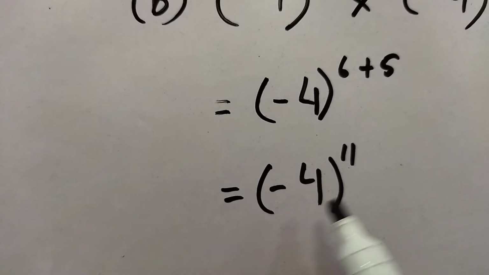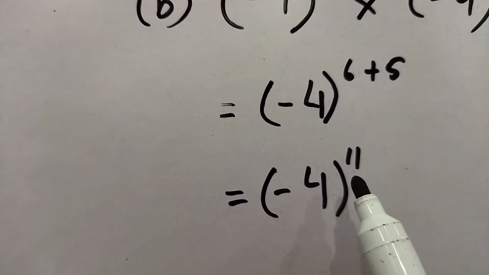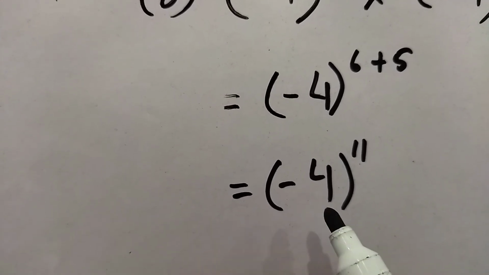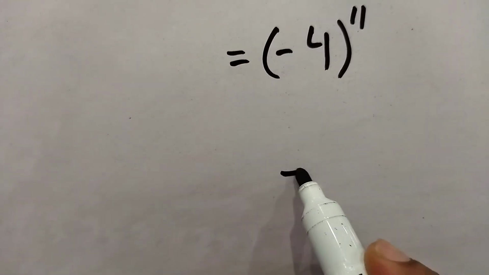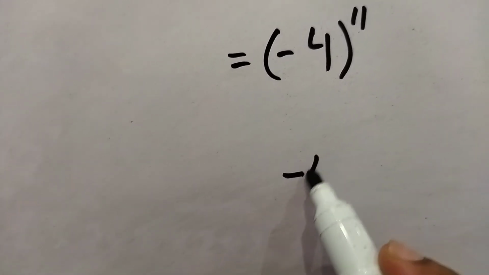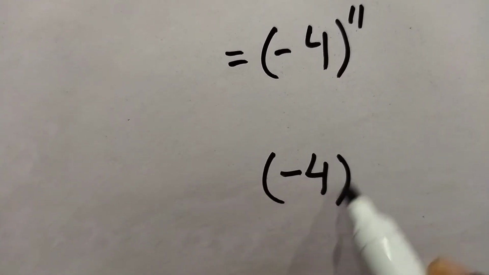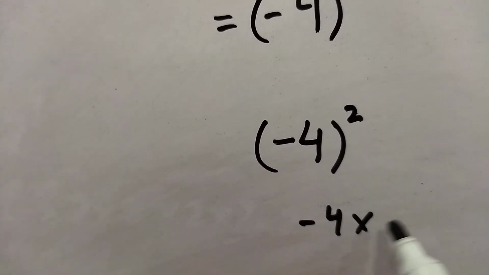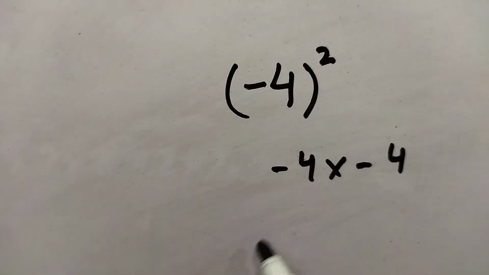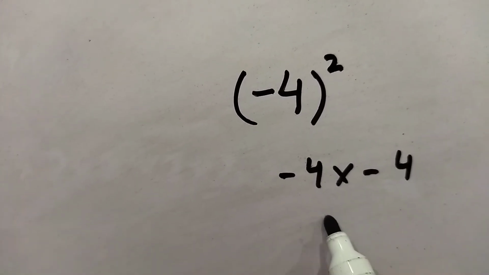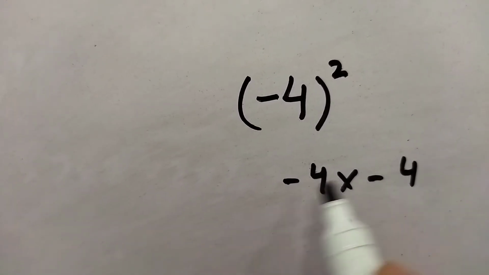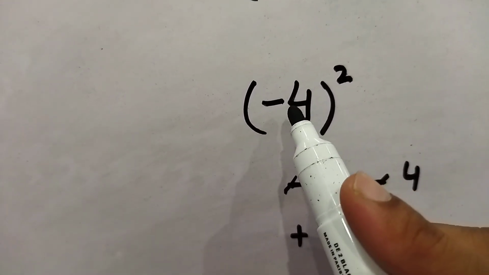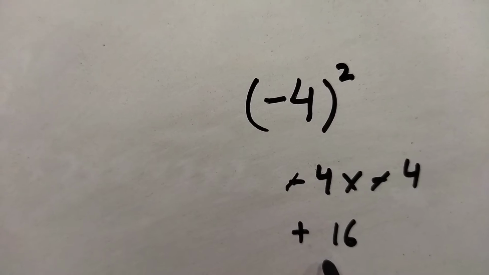But if the power or the index is odd, this negative base will remain negative. How? Let me prove it to you. For example, I have minus 4 over here and power as 2. That is even. When I multiply minus 4 to itself, I'll get 4 into 4 as 16, and minus minus will turn to positive. So minus 4 squared will be plus 16.